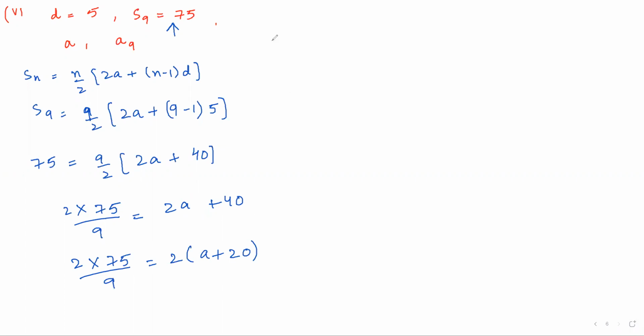Yes. So 2 into 75 divided by 9, and then this 2 will come here. So this will be a plus 20. So this 2 basically is gone. Now only 75 by 9 I got. 75 by 9 and then minus 20 is equal to a, right?